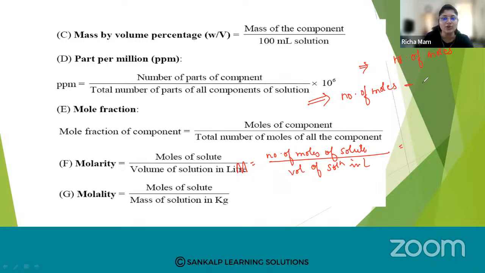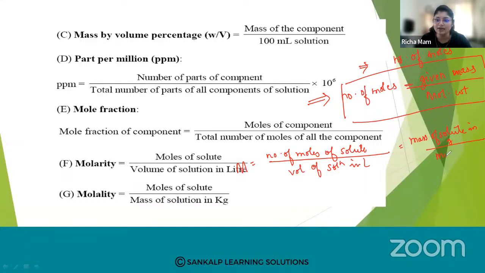So how is number of moles calculated? It is calculated as given mass divided by molecular weight. You can take molecular weight of that substance. Then how is molarity calculated? Given mass of solute in gram, divided by molar mass, and that divided by volume of solution in liter.